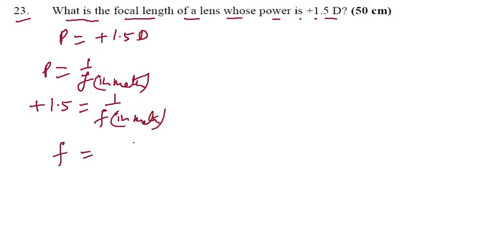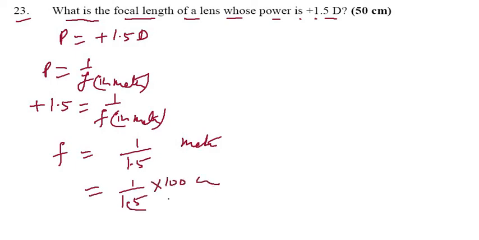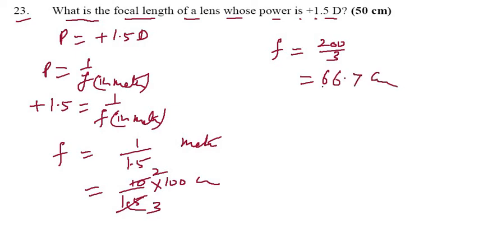So f will be equal to 1 upon 1.5 meters. Now we have to change it into centimeters, so 1.5 into 100 centimeters. Remove the point, so we can use 10. So 5 3 times here and 5 2 times. So f will be equal to 200 upon 3. So that is 66.7 centimeters. So that one is your answer.